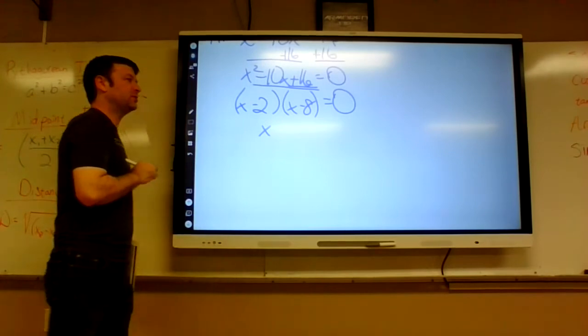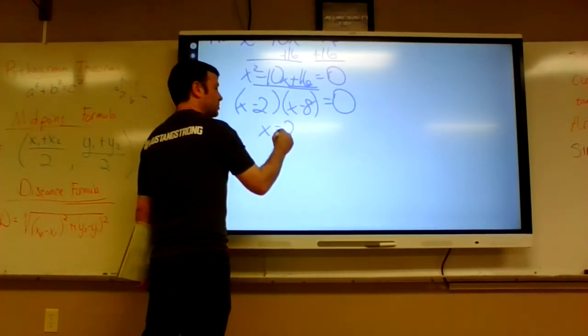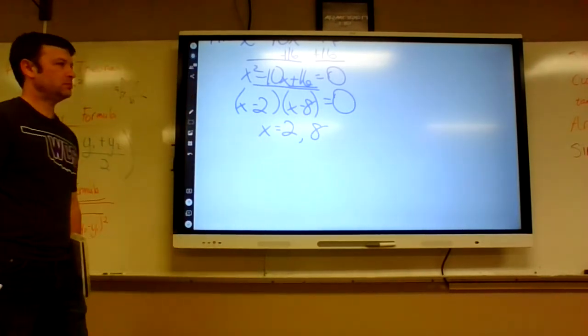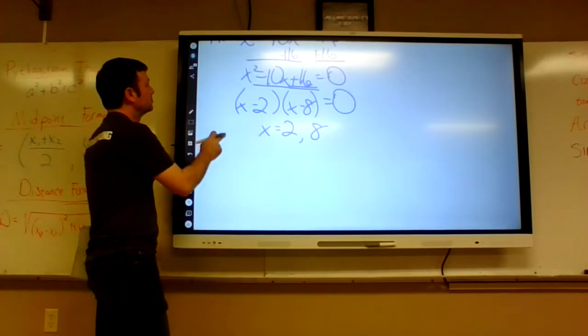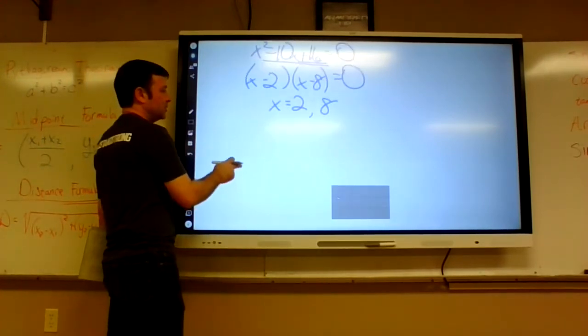What x values make these factors 0? 2 or 8. Getting close, getting close.